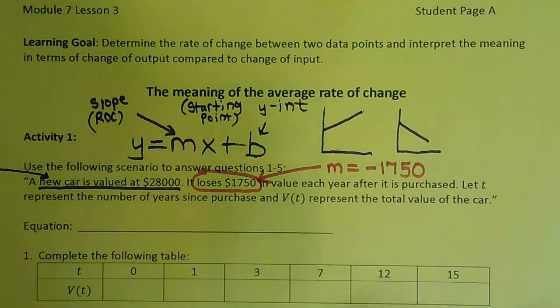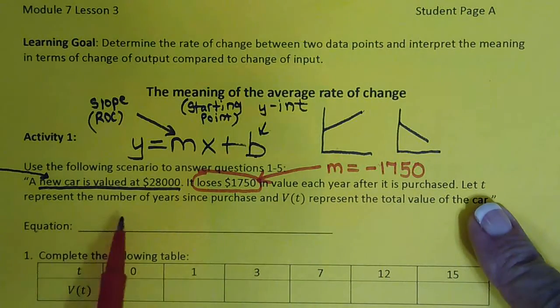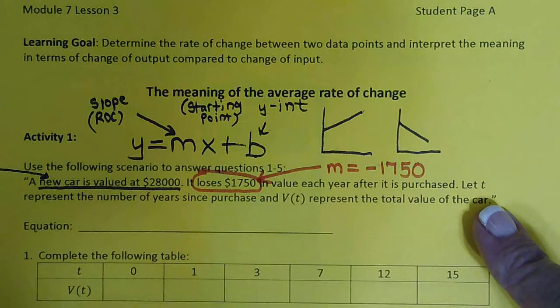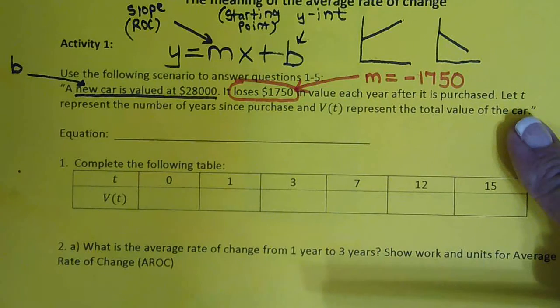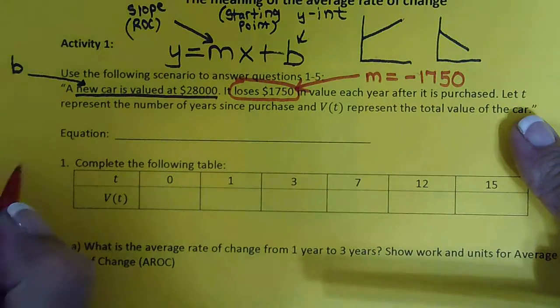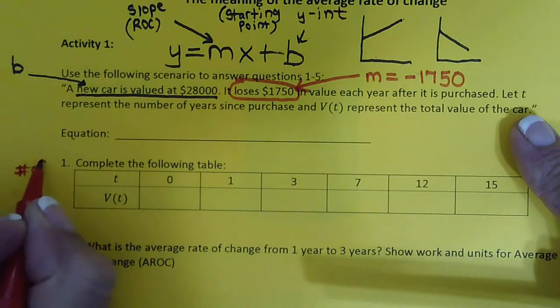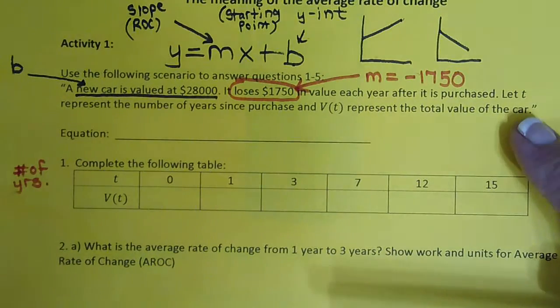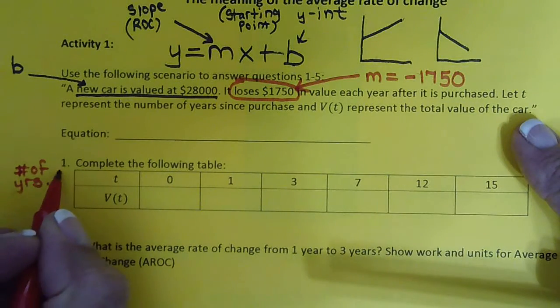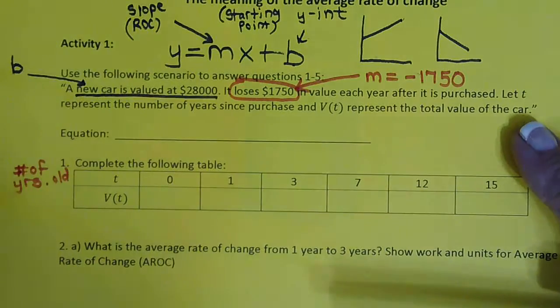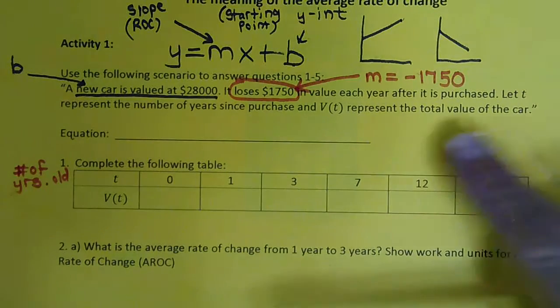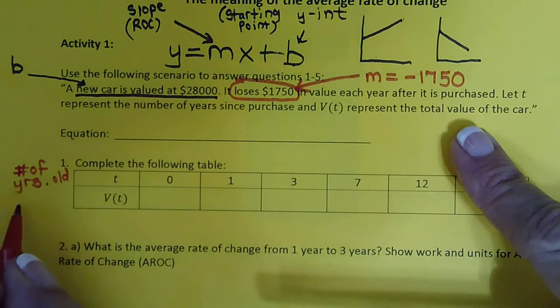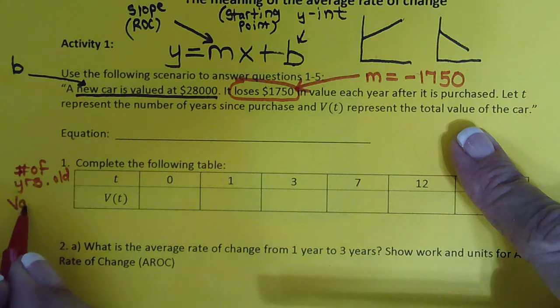Okay, so let T represent the number of years since purchase. So let's go ahead and write it over here. So number of years. Well, we could say number of years old, right? Because that's since purchase. And let V represent the total value of the car. So value in dollars.